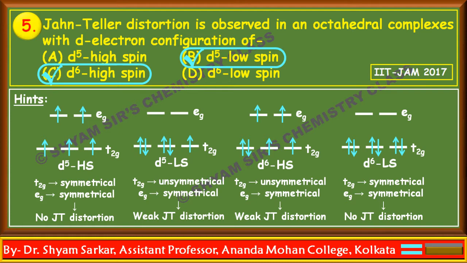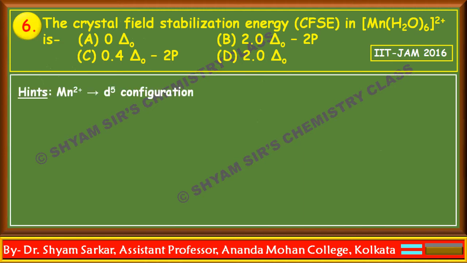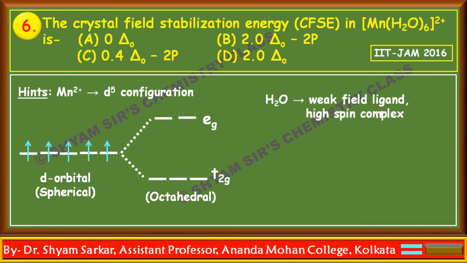Okay. So next question, see, the crystal field stabilization energy in [Mn(H2O)6]2+ is. So 4 options are given. This is a very simple question, because Mn2+ means d5 configuration. Since water is the ligand, this will be a weak field ligand, that means a high spin complex. High spin complex means if you put electrons in this electronic arrangement, you will see t2g3 eg2 electronic configuration.